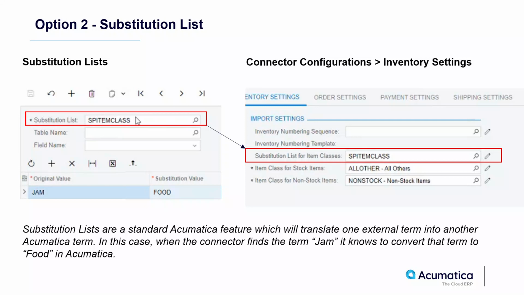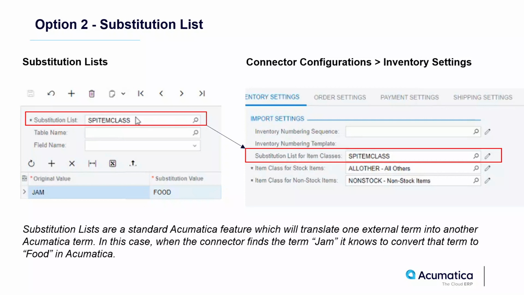So let's say, for instance, again using that jam, the Kiwi jam, as an example. Let's just imagine that inside of Shopify you've called this product type jam, but then inside of Acumatica you have an item class just called food, and you know, hey, all that stuff that's called jam inside of Shopify, I really just need it inside the food item class inside of Acumatica.